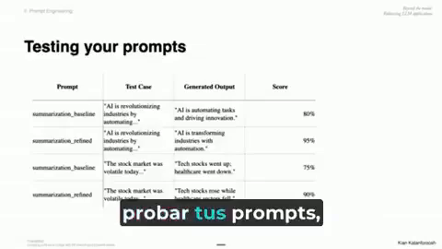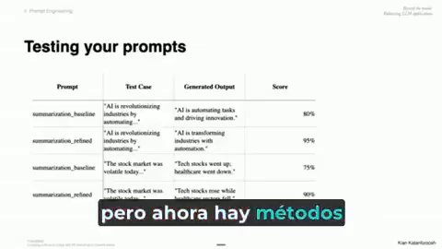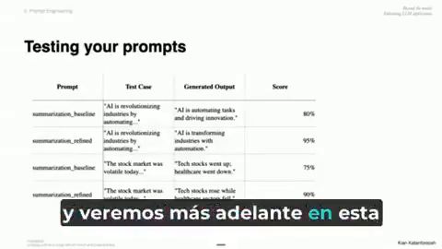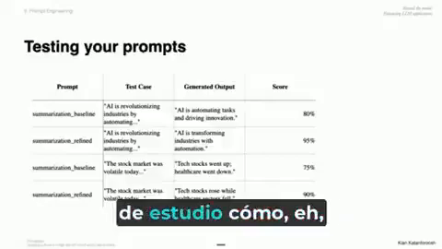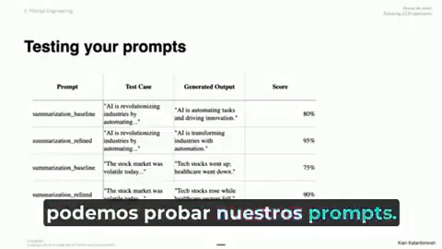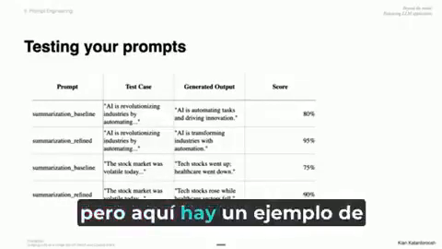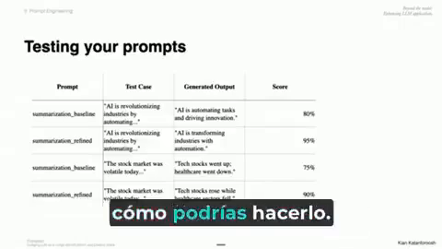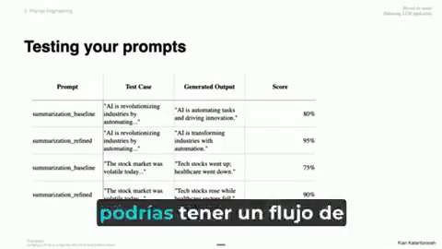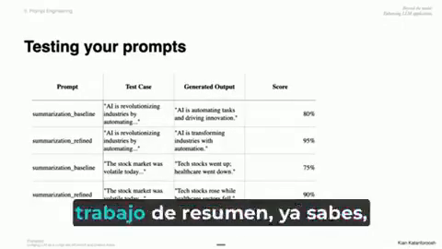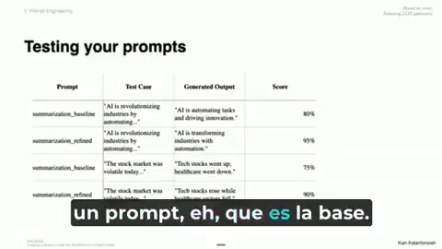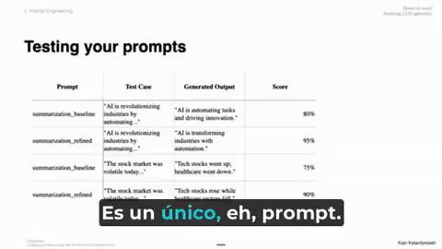We'll talk more later about testing your prompts, but there are methods now to do it, and we'll see later in this lecture with our case study how we can test our prompts. But here is an example of how you might do it. You might have a summarization workflow, prompts that is the baseline. It's a single prompt.